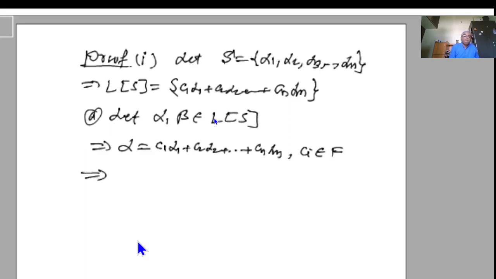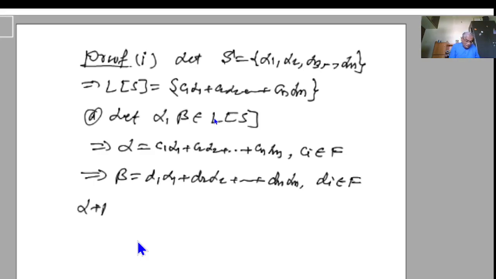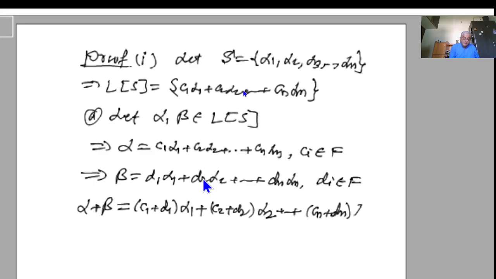And also beta belongs to L of S means beta is also of this form, a linear combination of the elements of S. That is, it is of the form D1 alpha 1 plus D2 alpha 2 plus up to Dn alpha n, where D1, D2, D3, up to Dn belong to F. Now if I consider alpha plus beta, adding these two gives C1 plus D1 into alpha 1 plus C2 plus D2 into alpha 2 plus up to Cn plus Dn into alpha n. And here we write this belongs to L of S. Why?